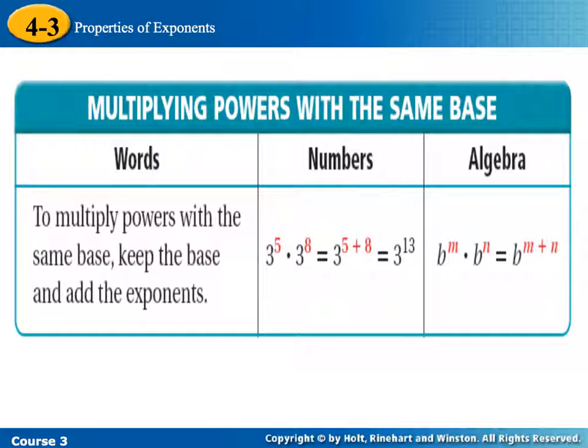In words, if you wrote all of this down, you don't have to write this down. When you multiply powers with the same base, notice it's the same base, same base, same base. You need to keep the base and add the exponents. Keep the base, add the exponents.